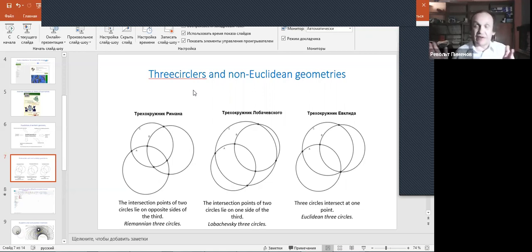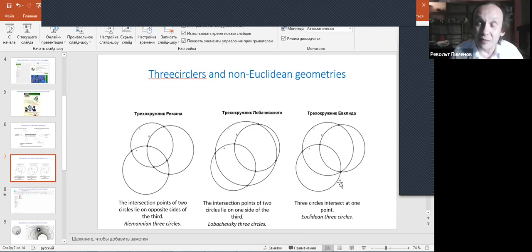And we have a last case, when all circles pass through one point. We can think of it so: if we move circle C from the first figure, we will go to this situation.